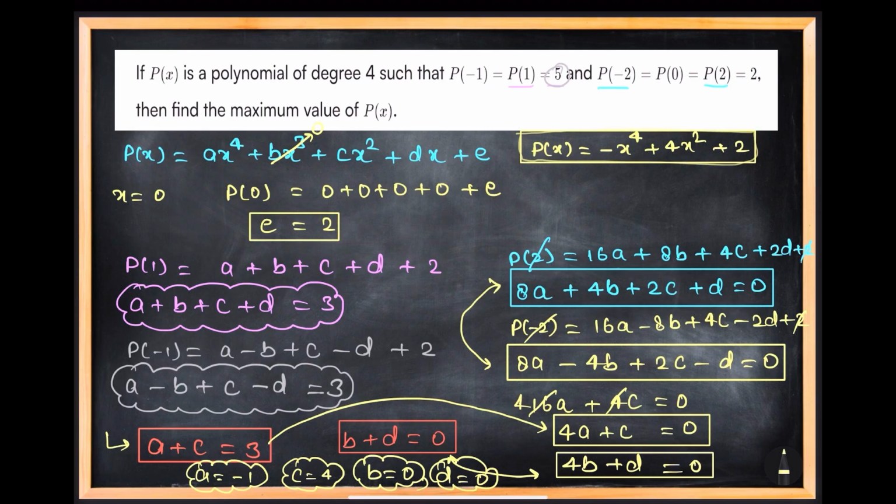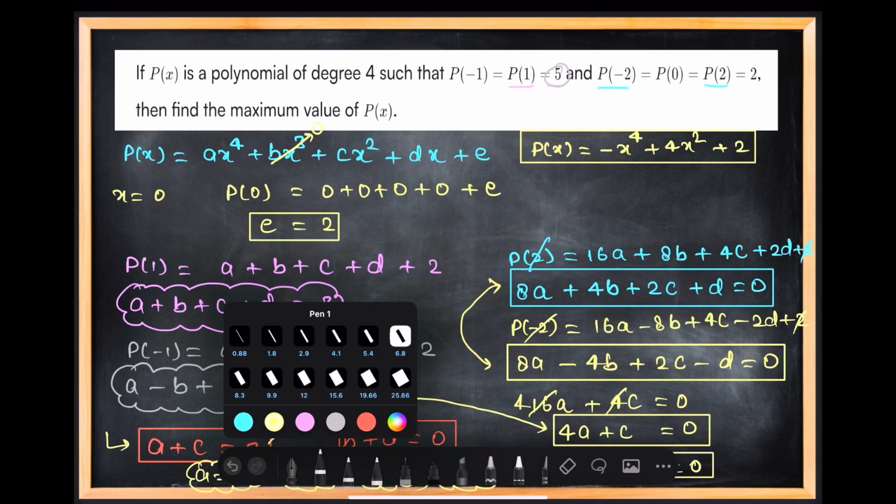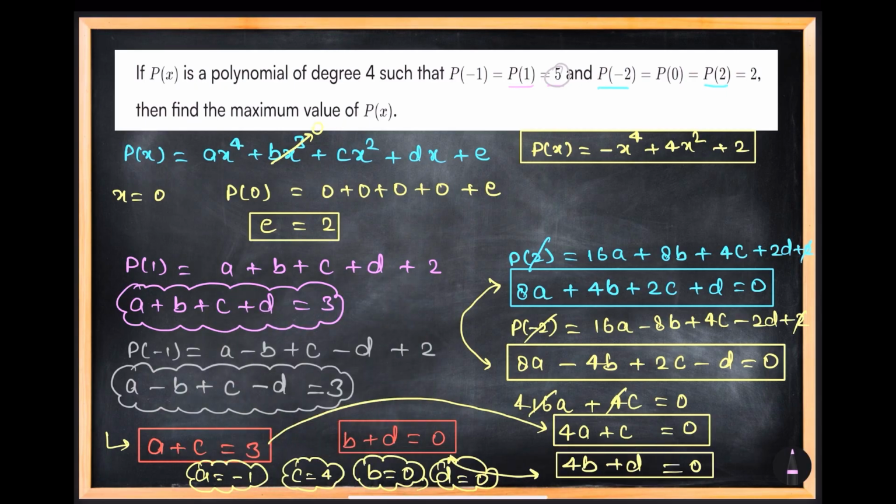Now we have to calculate what? The maximum value of P of x. You know that it's like biquadratic, x power 4, x power 2. So we can create a perfect square. We will apply the completing the square method. So first we will take minus common.